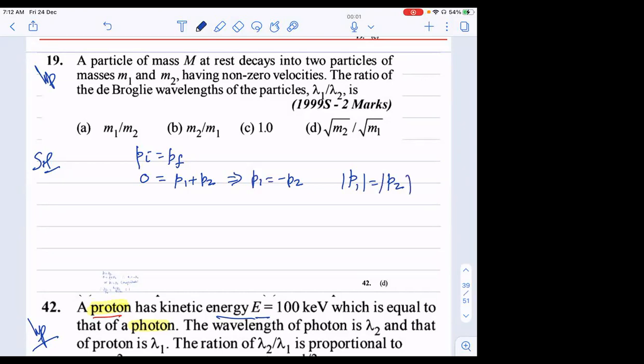In magnitude both are equal. Now lambda1 by lambda2 will be h upon P1 divided by h upon P2. P2 is equal to P1, so the ratio is 1:1, option C. Clear to everyone?